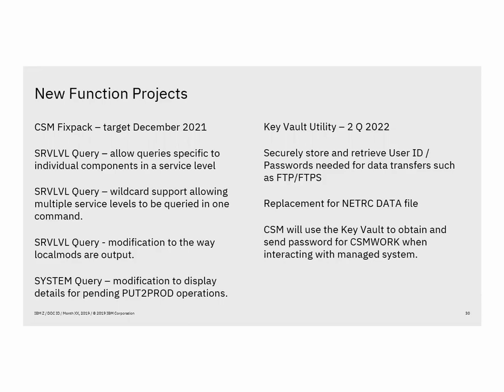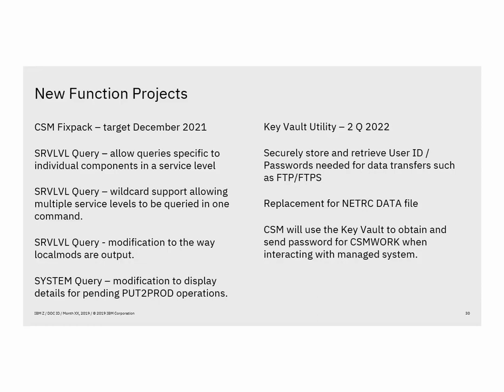So if I have 10 service levels, I might not want to see them all because that's just too much information rolling past. But maybe I've named my service levels so I have a specific set that I could just provide a high level qualifier with an asterisk and just see the content of that set of service levels. So this new wildcard support will allow me to do that.